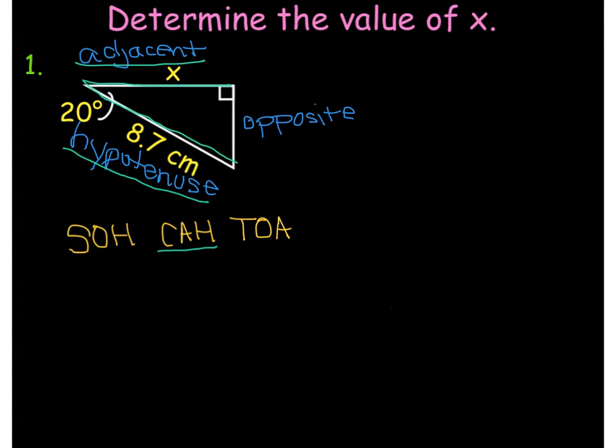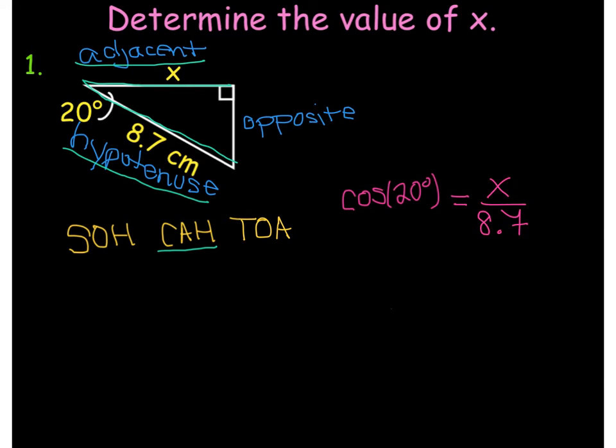So I just go ahead and write cosine of 20 degrees. And that's going to be equal to my adjacent over my hypotenuse, which would be x over 8.7.